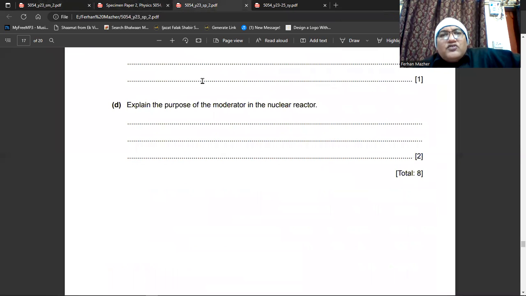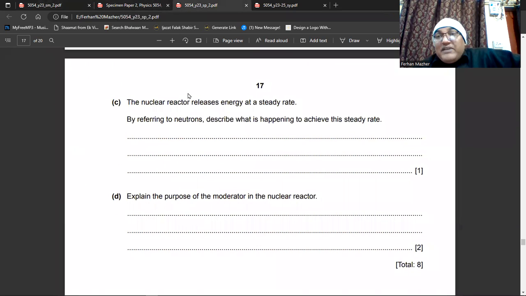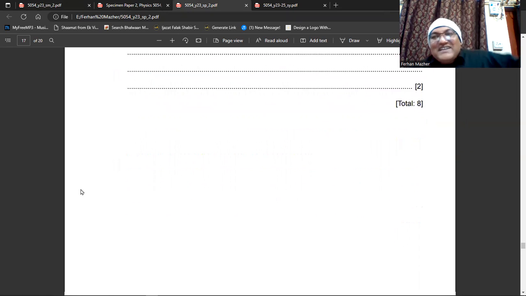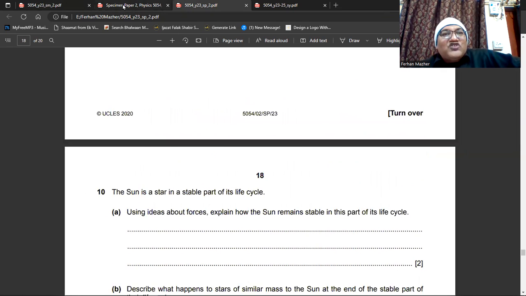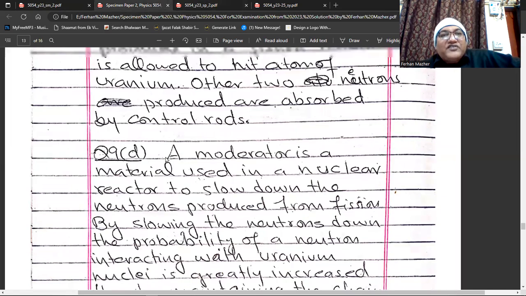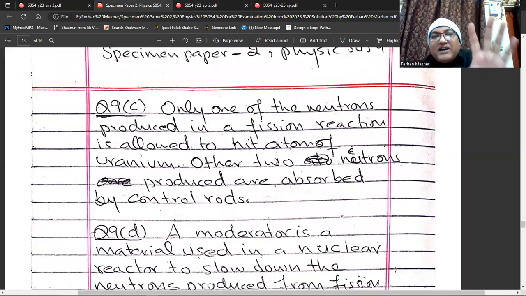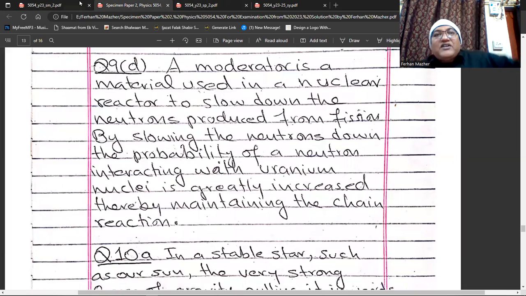I mixed those answers. His answer is a little different. It seems the same, but I hope it's clear. I can show you the written answers first. This is the answer to 9C part. This is 9D part. Don't mix them up.